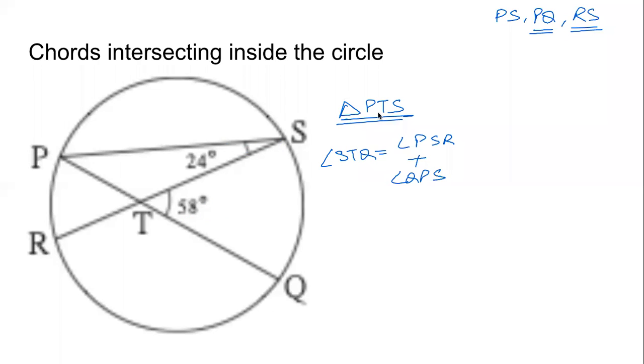Now, this angle PSR, where is this PSR? This PSR is the angle inscribed in an arc, because the vertex S is on the circle. And the arc it intercepts is the arc PR, this arc.